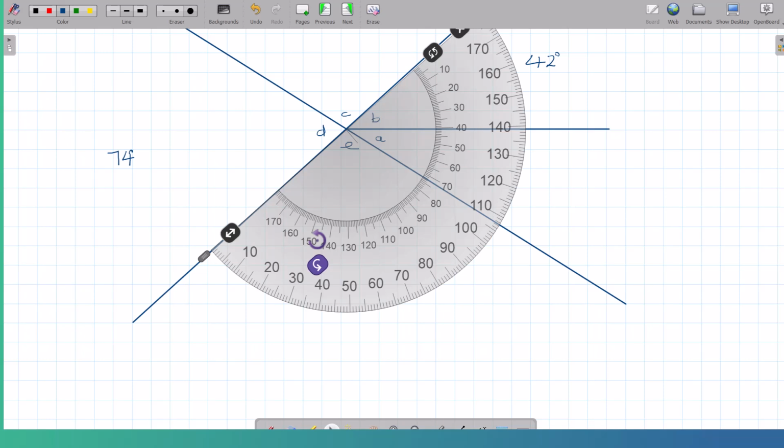It's not 106, but 108. Are we together? It is what? Yeah, that is 108. So this is 108 degrees, ne? Yeah.